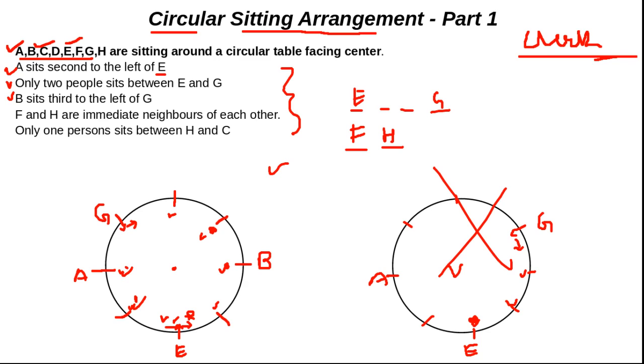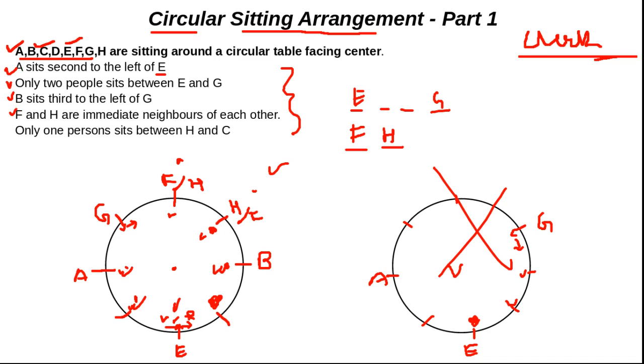In this place also, I cannot put F or H, because if I put F here, I cannot put H either in this place or in this place. So the only place left for F and H is these 2 places. If I put F here, I need to put H over here. So this is the place for F and H.